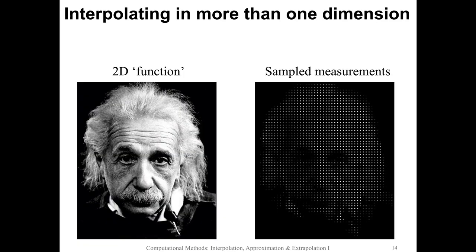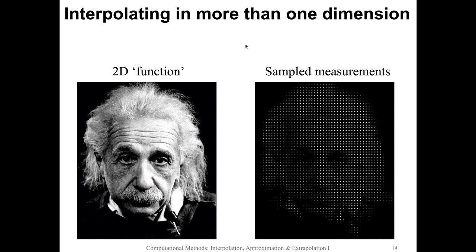And this is just to illustrate that we can do interpolation in more than one dimension. We have an example shown here. The picture on the left illustrates a two-dimensional function. This is a 2D function because at each point in this 2D plane we have a functional measurement, which is the intensity of the image. Very high values would tend to be white, and very low values would tend to be dark or black.